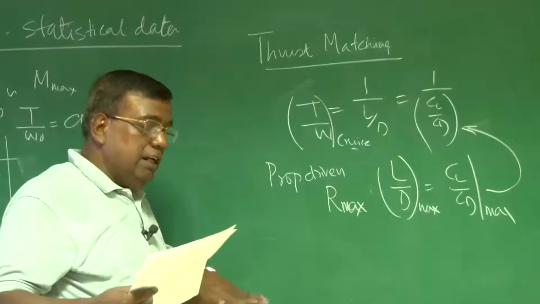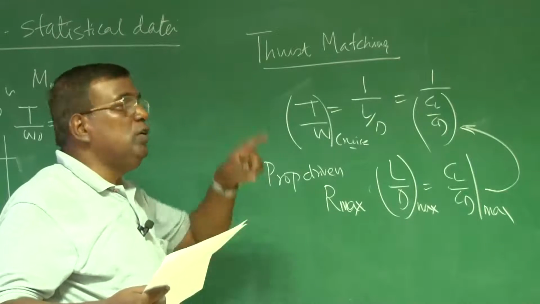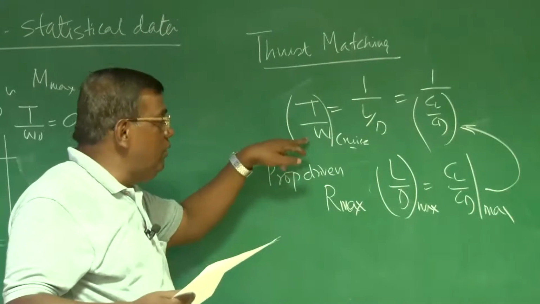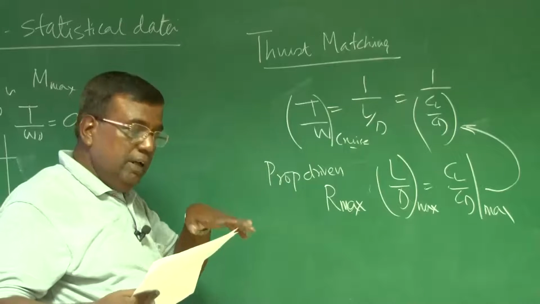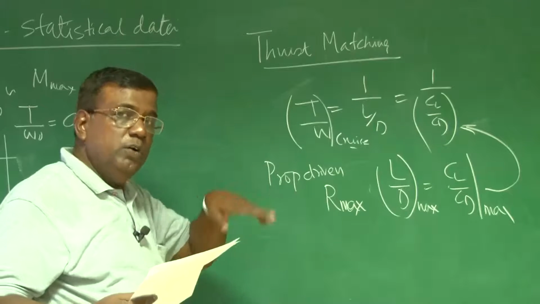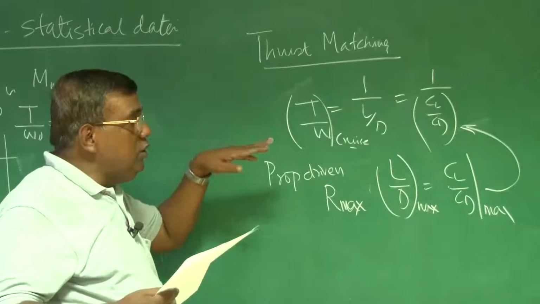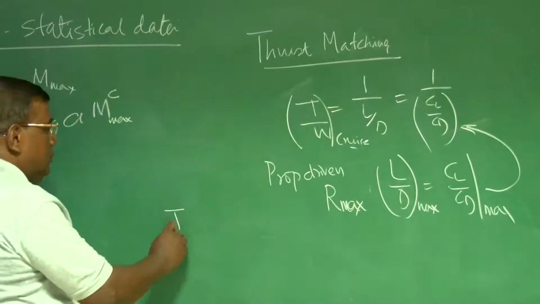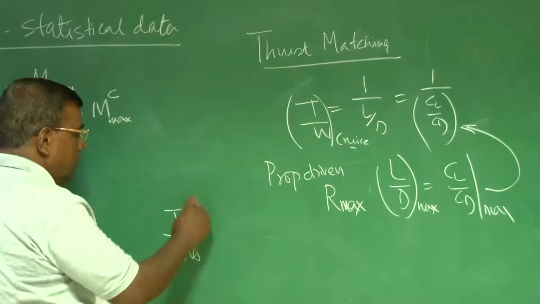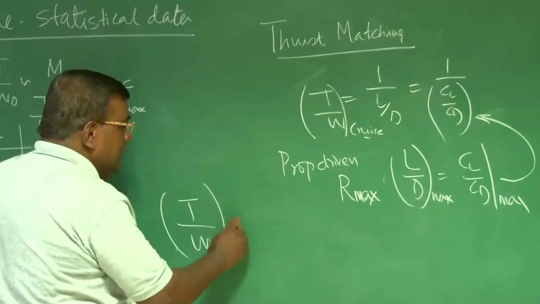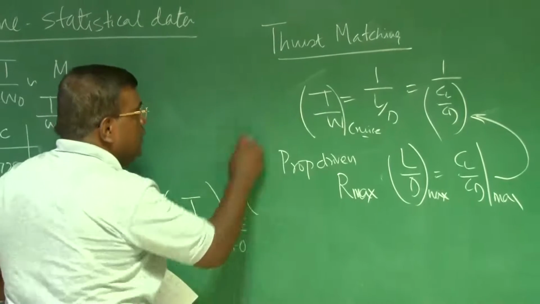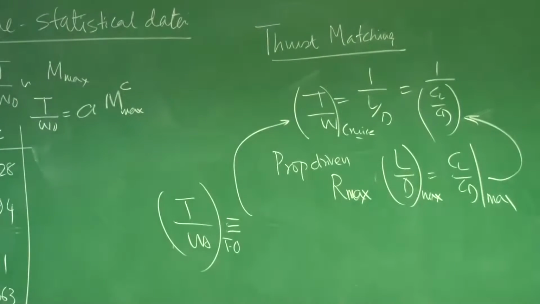And you have to ensure that really this T by W cruise is available at that altitude, because whatever static thrust is available at ground is going to reduce at that altitude. You also know the weight of the airplane at takeoff is going to reduce at that altitude. So you have to give appropriate corrections and ensure that T by W, not takeoff, is such that at cruise you get this value. This is important.